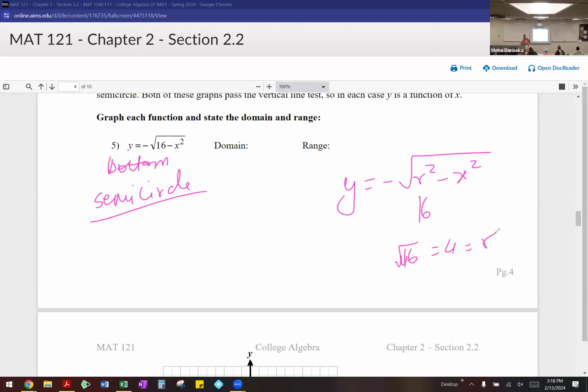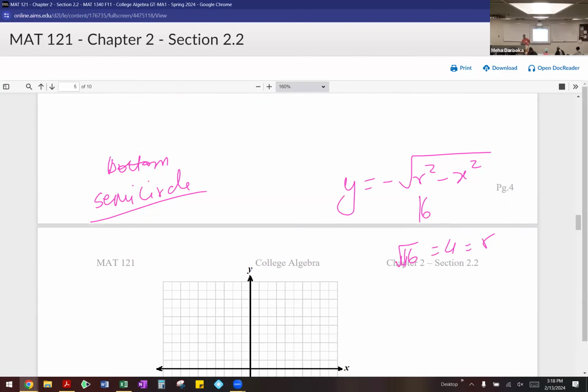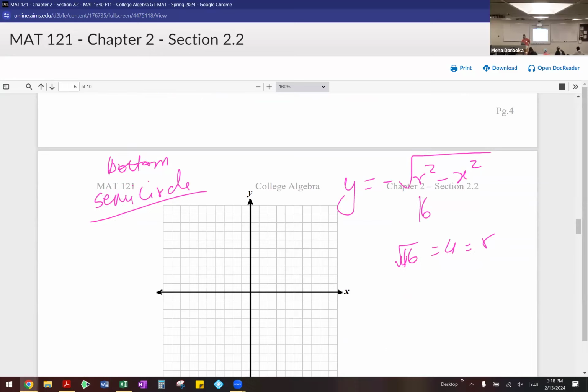So when you try to graph this guy, radius of 4, we're of course centered at 0, 0, so just go up 4 units. 1, 2, 3, 4. This was the bottom semicircle. Now this is a semicircle, so of course you're not going to have arms going in each direction. It's just going to be between that -4 and +4. Right? Function, yes.